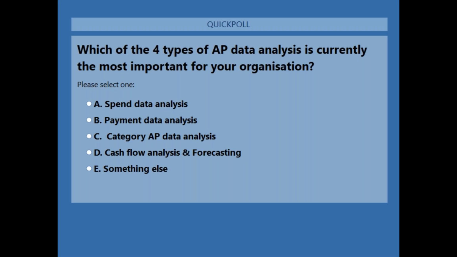AP typically are then the last people to see them, so you can end up getting an invoice really late in the process, keying it onto the finance system, and then having to pay it really quickly. So you don't get that visibility, you don't get the luxury of time to know that you've got to move money between accounts, etc.